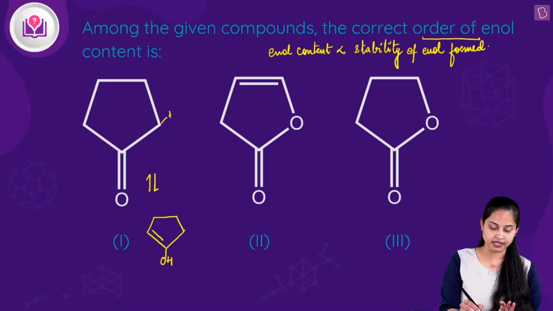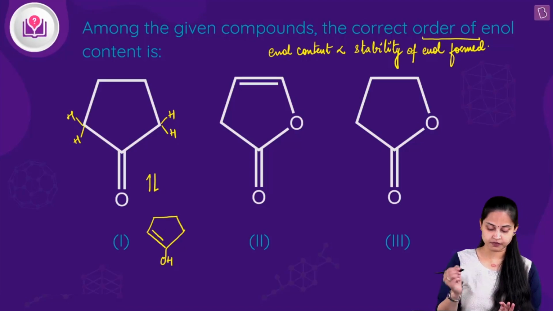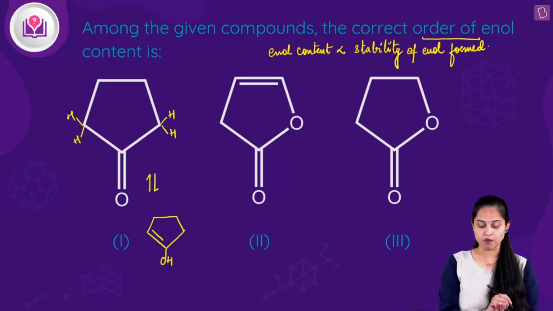So these are the alpha hydrogen atoms and the enol form I have drawn for you. This is the enol form of this particular ketone given to me.